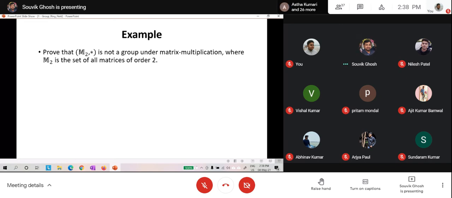Is it a group? The set of matrices of order 2 along with usual matrix multiplication. Is it a group?